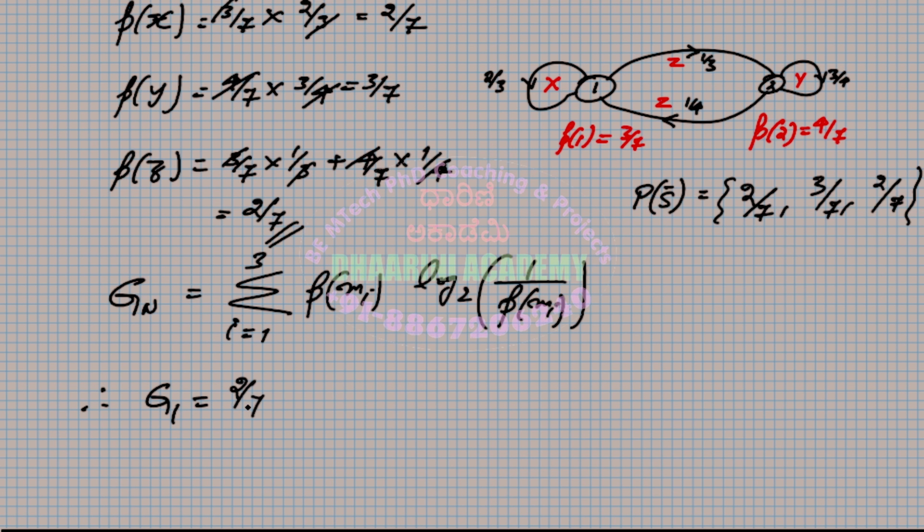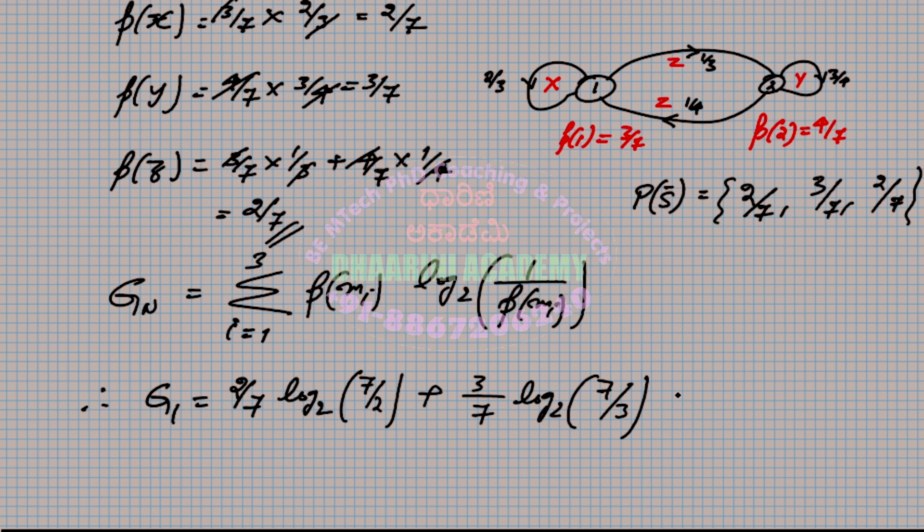So 2 by 7 log to the base 2 of 7 by 2. This is for X. Then for Y, it is 3 by 7 log to the base 2 of 7 by 3, plus 2 by 7 log of 7 by 2.